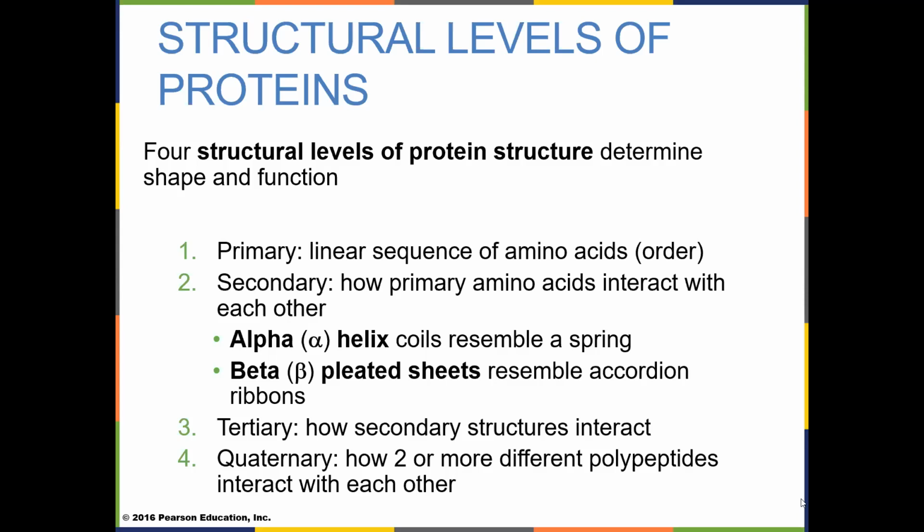The pleated sheets occur where we have lots of bands of protein lined up, one next to another, next to another, where we want to have great strength, like the tendons that attach bone to muscle. The tendons are made of collagen, which I've said many times is the most abundant protein in the body. When they line up, they give you an incredible amount of strength.